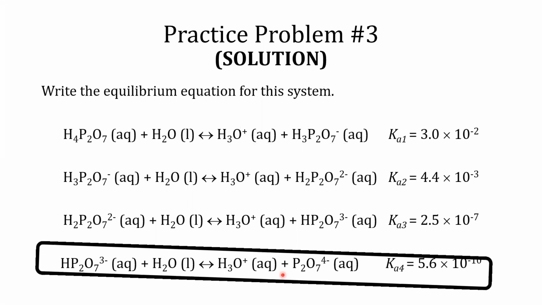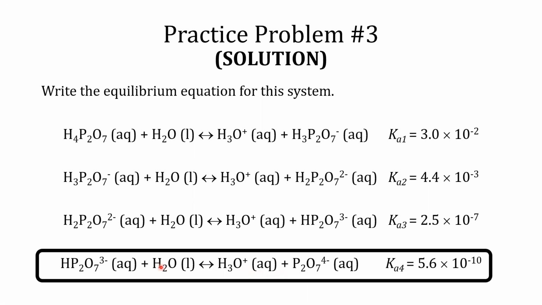The fourth and final ionization process is where hydrogen diphosphate ion in liquid water partially ionizes to produce hydronium and HP2O7 4-, or diphosphate ion. Ka4, or the fourth acid dissociating constant, is 5.6 times 10 to the minus 10.